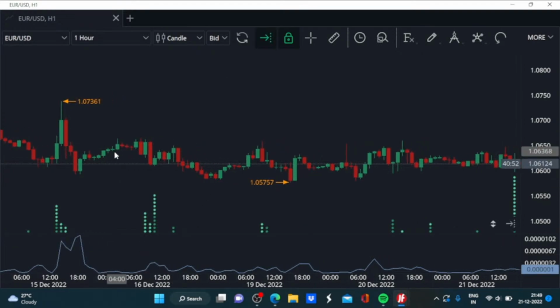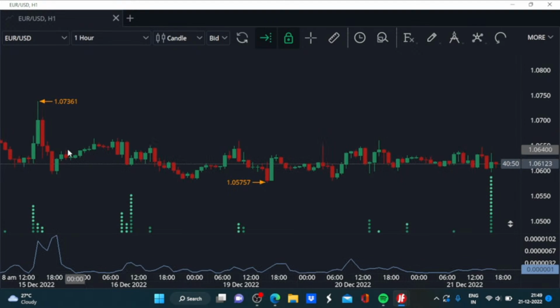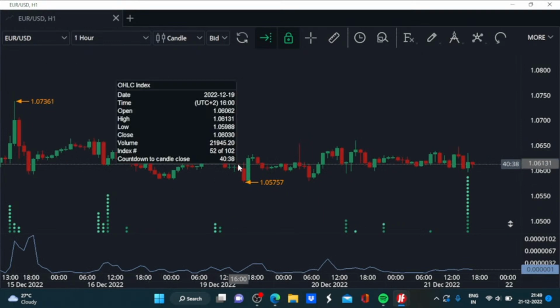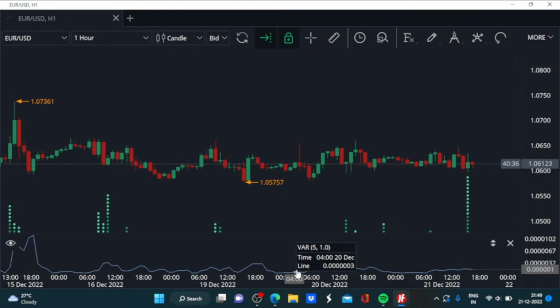If we look at this plotting of the indicator along with this price action series, you will notice that apart from this instance where there was significant volatility, in most other cases, the volatility has been subdued, and as a result of that, there is not much of a deviation in the variance output also.